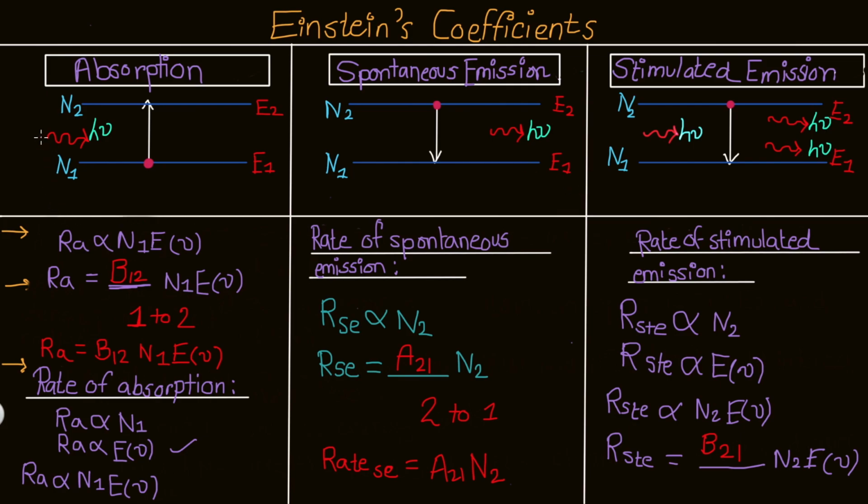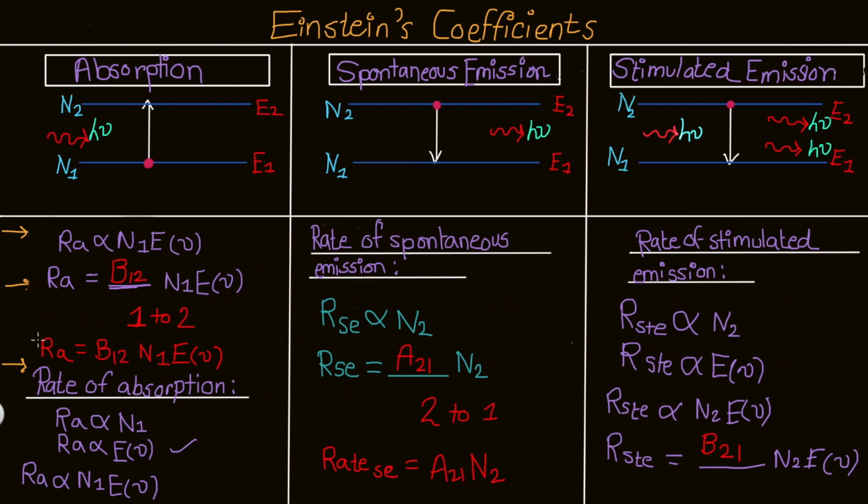Here the photon coming in triggers the atom to jump from lower level to upper level, B1,2. And over here, this photon is stimulating the atom to jump from upper level to lower level. And as I said, it causes 2 photons to be released.